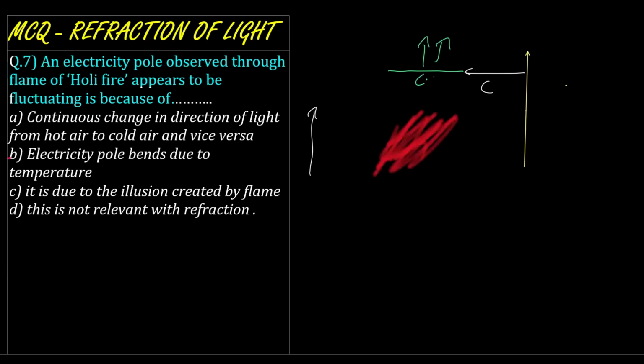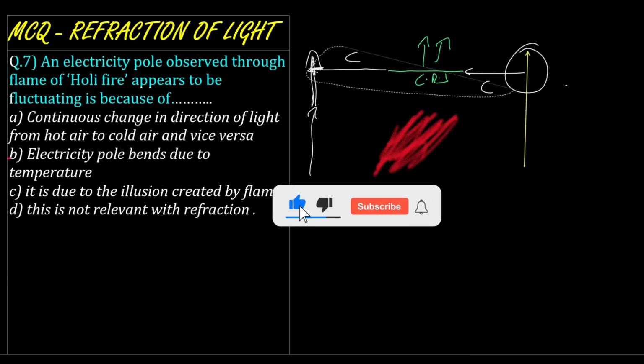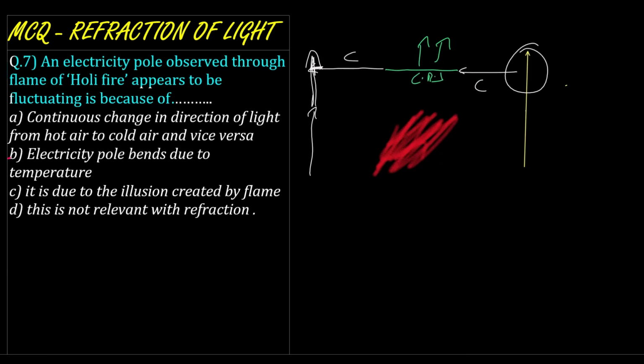And again, as the ray over here is cooler, it will have higher refractive index. So as the ray of light comes from this pole to your eyes, the observer standing over here, you may figure out that these rays of light will continue to change their bending because of the changing refractive index.